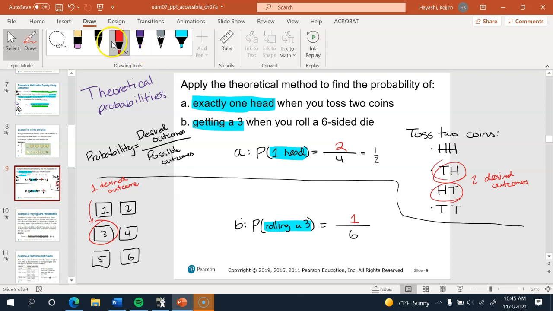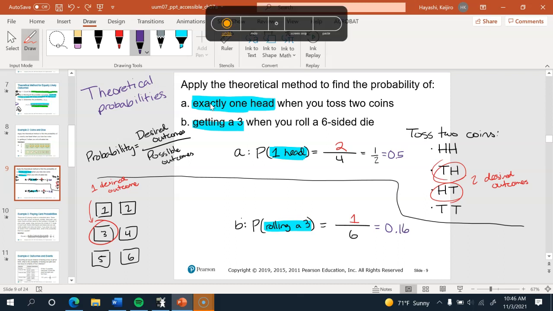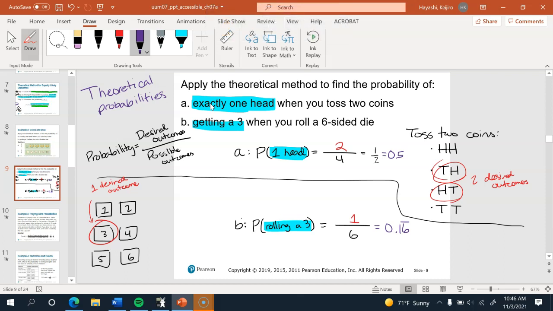And each of these also has a decimal representation. 1/2 is the same as the probability of 0.5. 1/6 is the same as the probability of 0.16 repeating. Or like 0.166. Right? It's not one of those decimals that stops.